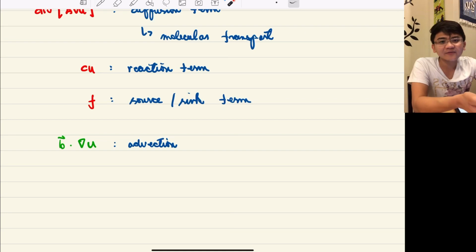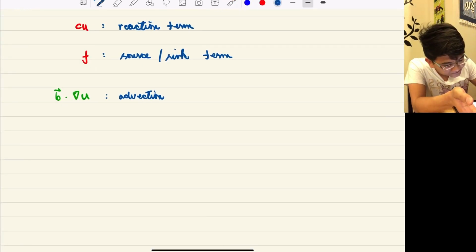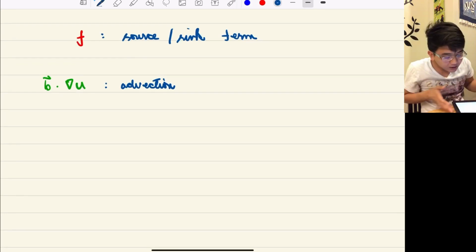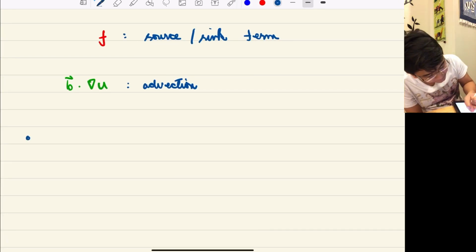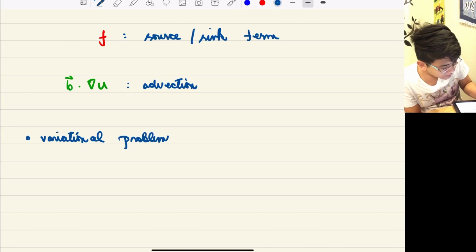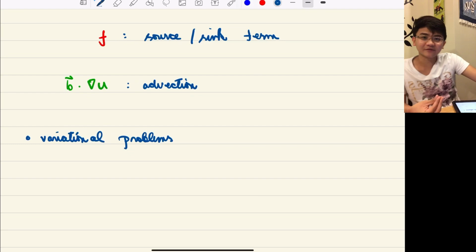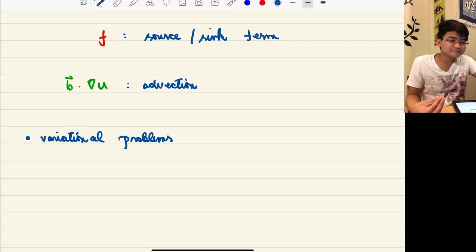Aside from transport phenomena, another motivation that I want to tell you about is variational problems. A lot of the problems in physics involve minimizing some kind of an integral functional.